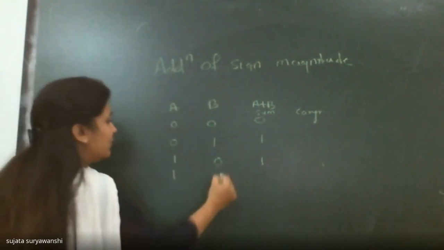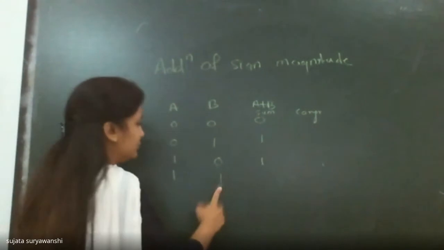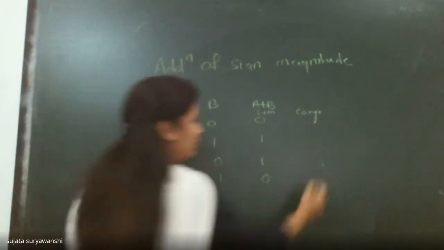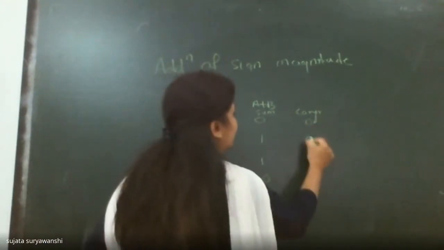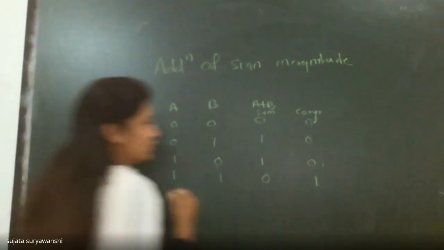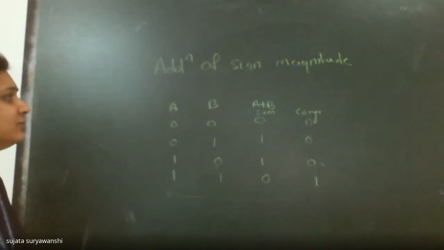And in case both are 1, A equal to 1 and B equal to 1, then 1 plus 1 gives sum 0 and carry 1. In the remaining cases, we are not getting a carry.